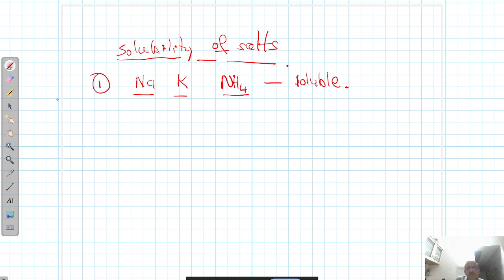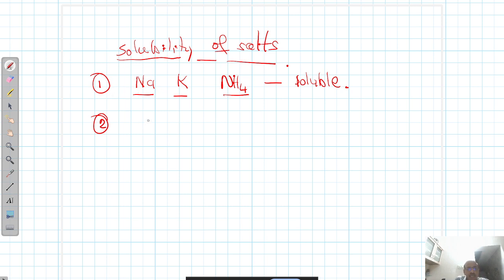That is the first and foremost rule that you should remember. And always remember that this solubility of salts is for cold, normal water.